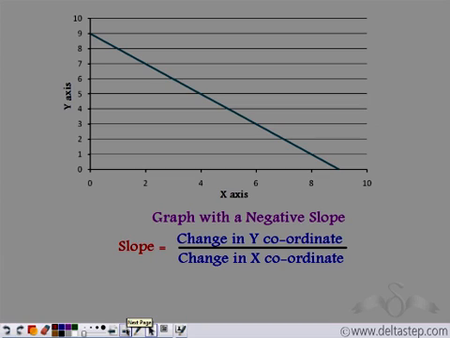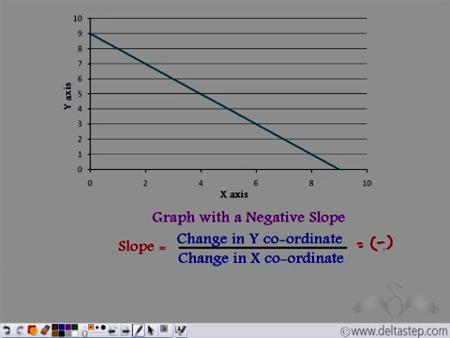We know that slope is defined as change in y coordinate by change in x coordinate. And if the slope of a graph is negative, what does it mean? That there is a negative relation between change in y coordinate and change in x coordinate.